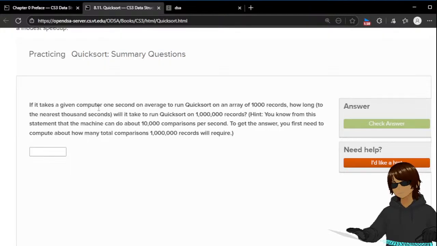It takes a given computer 1 second on average to run quicksort on an array of 1000 records. How long will it take to run quicksort on 1 million records?